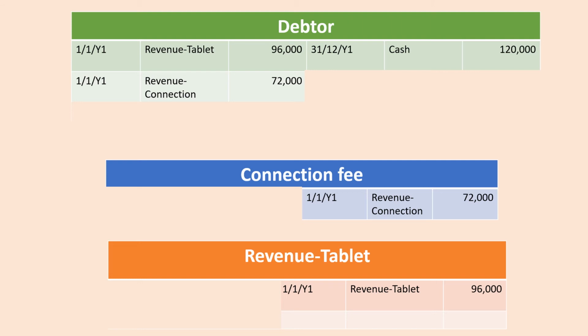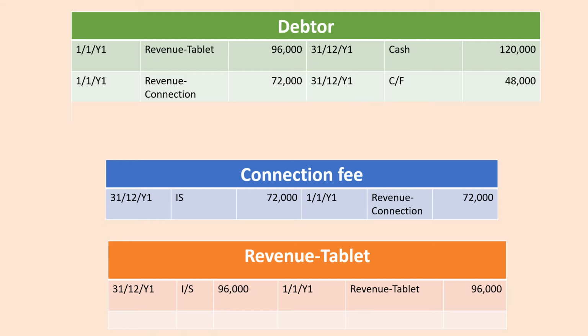Then at the end of the year, we are going to balance the debtors account and transfer the revenue to the income statement from the connection fee as well as from the revenue from the tablet. Then in year 1, the debtors balance would be 48,000. So we are going to take it down and bring it forward to the next year.